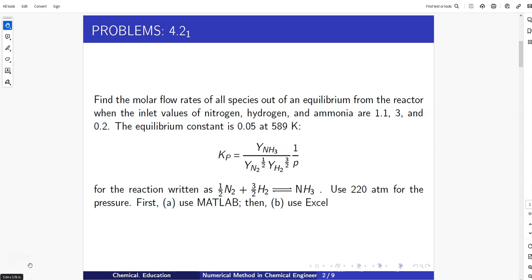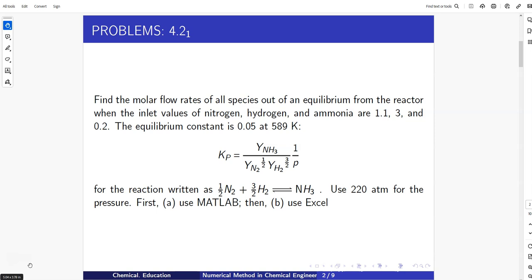Kp is equal to the mole fraction of ammonia divided by the mole fraction of nitrogen to the power half, mole fraction of hydrogen to the power 3 by 2, into 1 by P, for the reaction written as half nitrogen plus 3 by 2 hydrogen, which produces 1 mole of ammonia. Use 220 atm for the pressure.